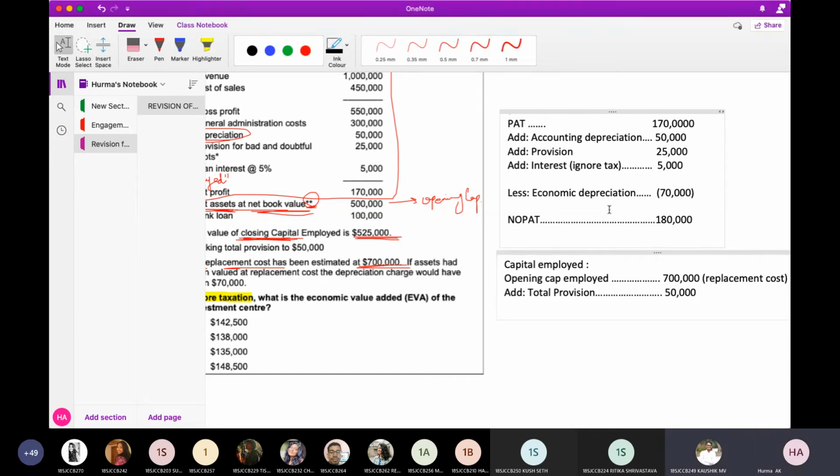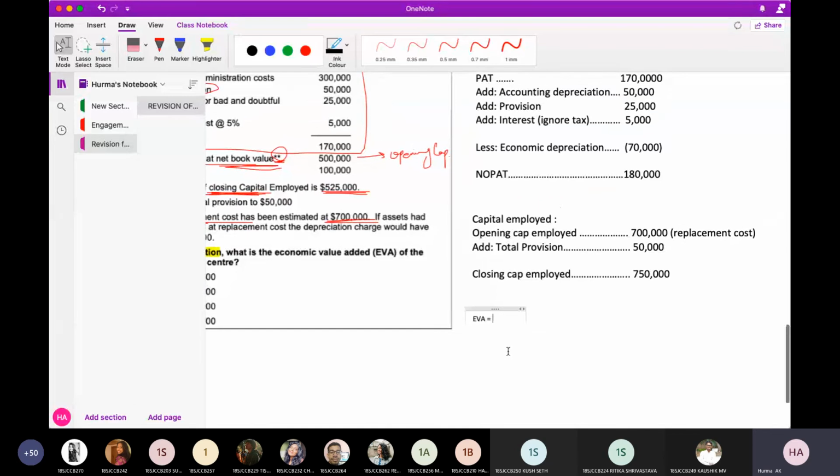Okay, so now my closing capital employed will be 750. Done. Now we simply have to use the formula of EVA. EVA is equal to, I'm not writing the formula.